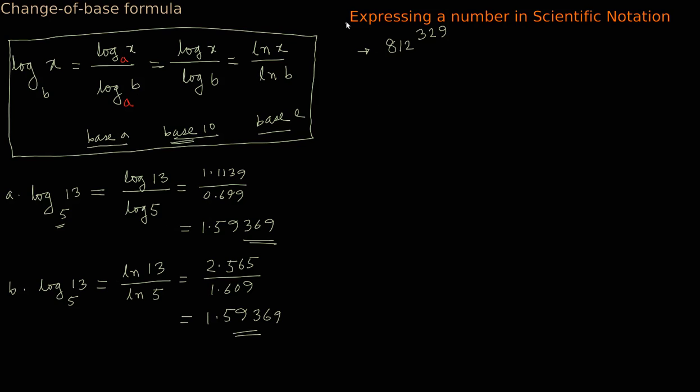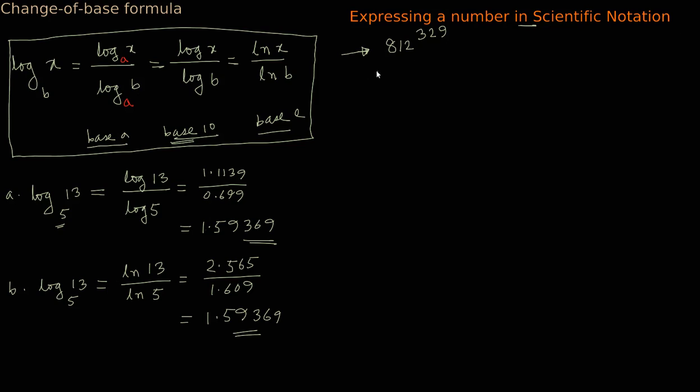Now let's see, this is very important. We want to express a very large number, which is 812 power 329, in scientific notation. So we need to express this big number in scientific notation. Now we do not know the answer.